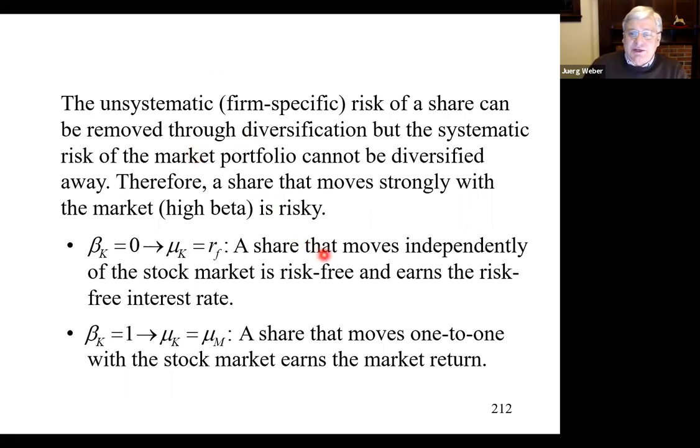Now let's consider a share that moves completely independently of the market, of the stock market. So beta k is 0. Such a share is risk-free and therefore earns the risk-free interest rate. Mu k is r f.